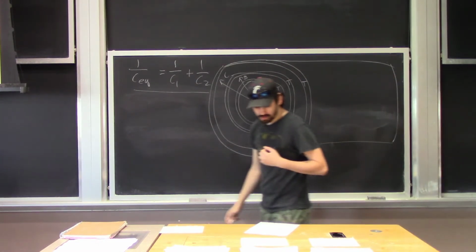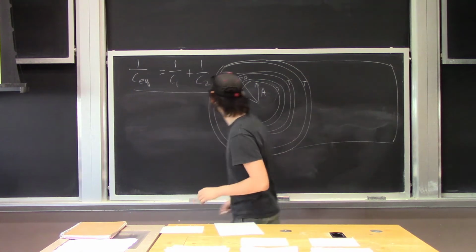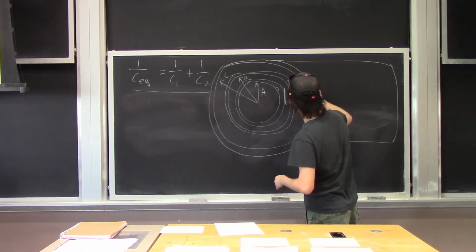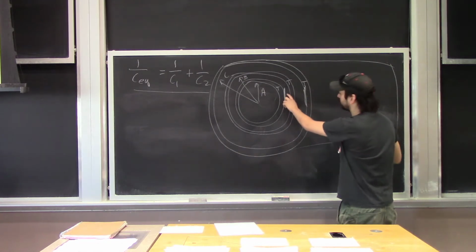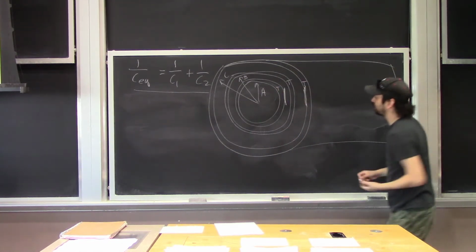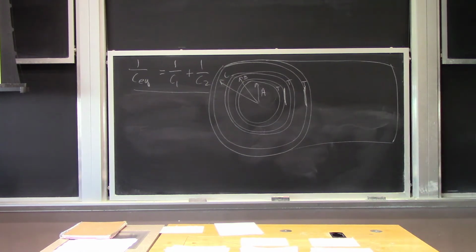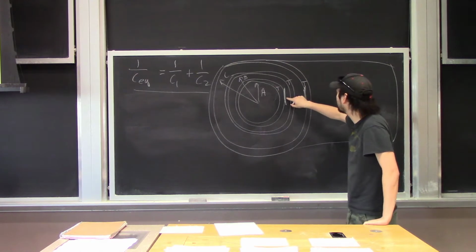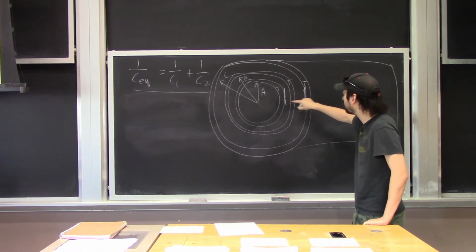The first thing we want to do is find the difference in electric potential between the outer surface of the inner shell and the inner surface of the outermost shell, the difference in electric potential between these two points.